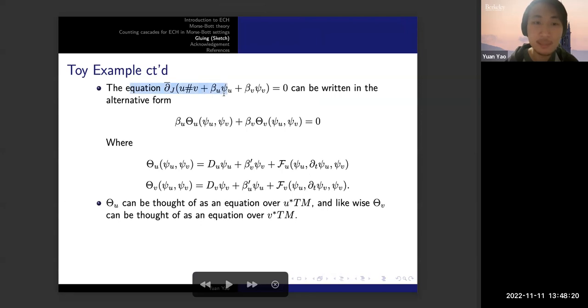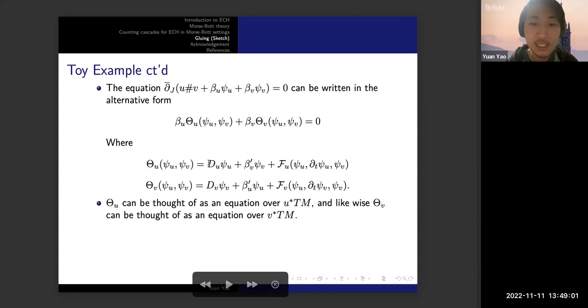So this equation can be split up, so it can be written in an alternative form. The point is I'm going to try to split it into two equations. So this equation as is can be written as beta U theta U plus beta V theta V, where theta U and theta V are just different analytic expressions I give below. You should think of theta U as an equation that's mostly taking place in the domain of U, and theta V is an equation that's happening over V. So what's theta U?